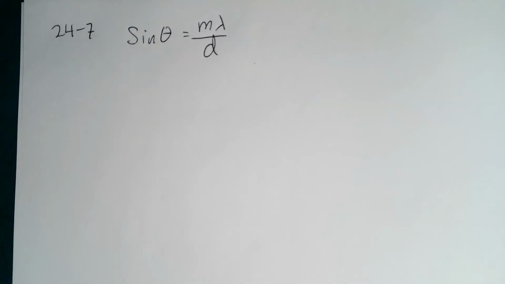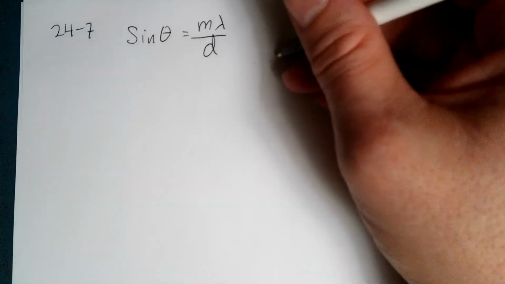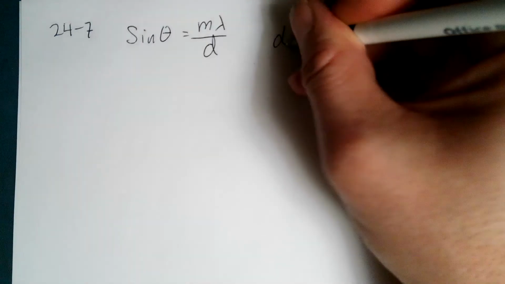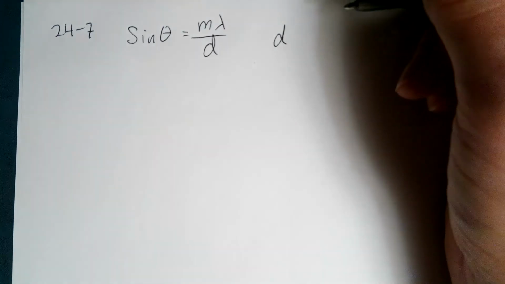So 24/7. We got, determine the angular positions of the first and second order line maxima for light of wavelength 400 nanometers and 700 nanometers incident on the grating. Okay, so one of the differences, this d, is sometimes given differently.